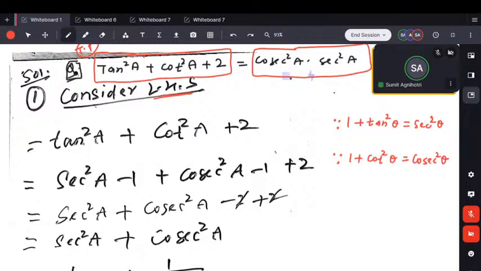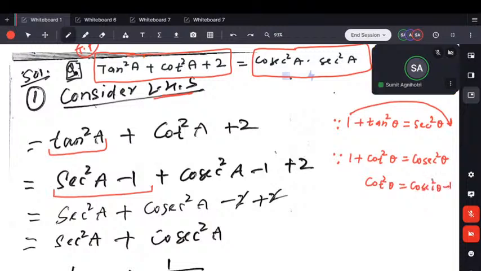That is why, if we want to put something in the place of tan square A, we can write sec square A minus 1. That's what we have written here. Similarly, in the place of cot square A, we can write cosec square A minus 1, and plus 2 is also there.